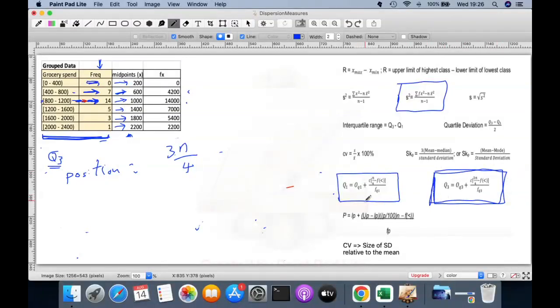Try that as an exercise. I'm going to write the answer out for you so you can work towards it. So Q3, your value is 1320. Work towards this value here, 1320, as an exercise.